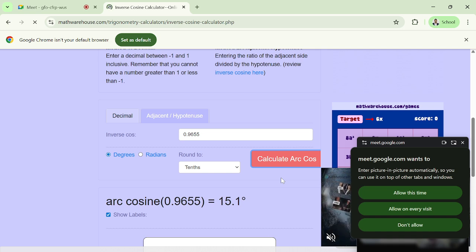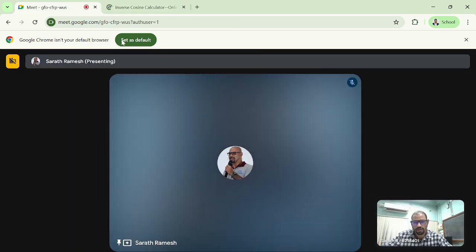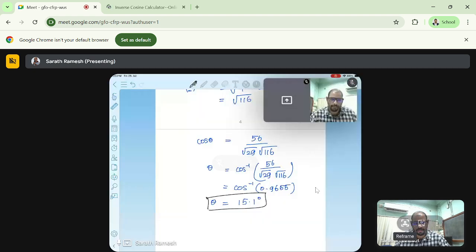So this is the angle between those two vectors. Okay, so that's about the first problem.